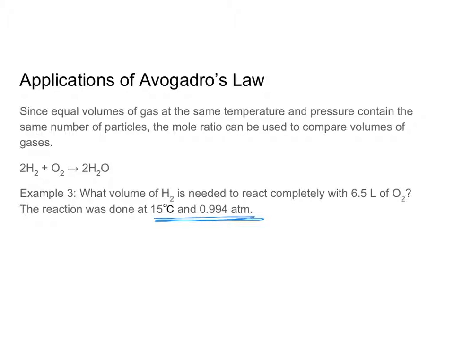So I'm going to say that n1 over V1 equals n2 over V2. I'm going to set them equal to each other, but replace them with n of H2 over the volume of H2 is equal to n of O2 over the volume of O2. A couple of things I know for sure.